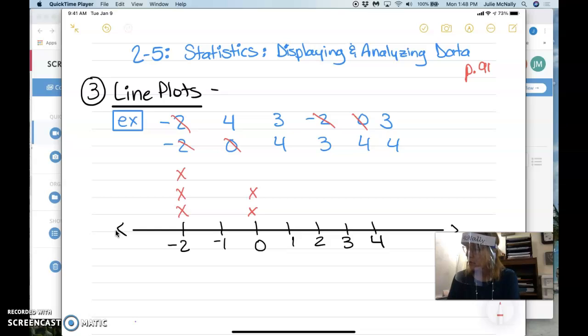None. How many 2's? None. How about 3's? 3 3's. 1, 2, 3. And how many 4's? 4 4's. So 1, 2, 3, 4. Okay? And that's how you make a line plot.